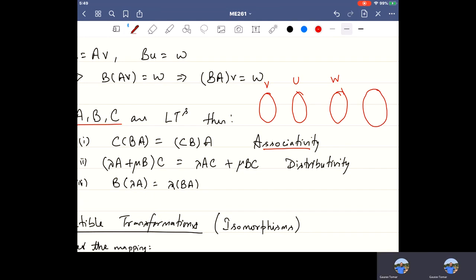Let's call it Y. This is a Y vector space. Now there's a mapping happening from V to U using A, U to W using B, and W to Y using C.